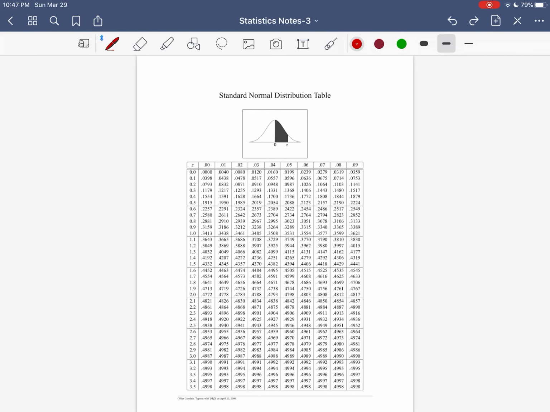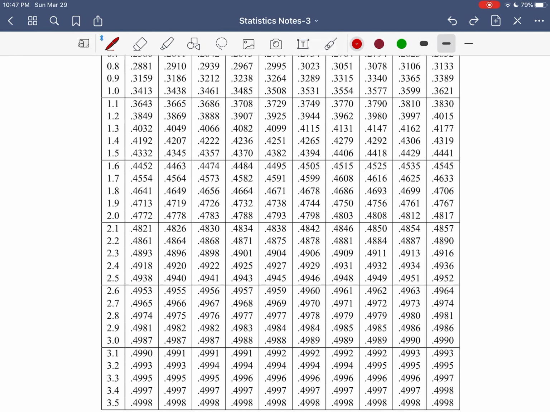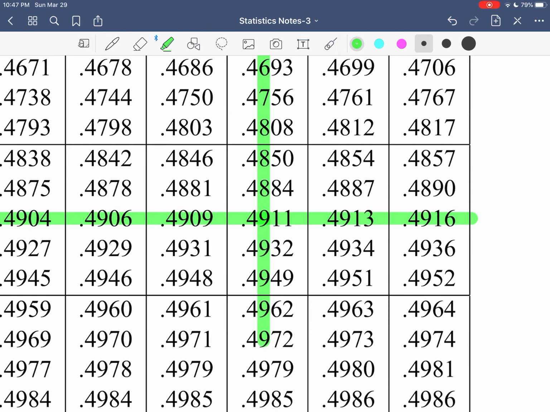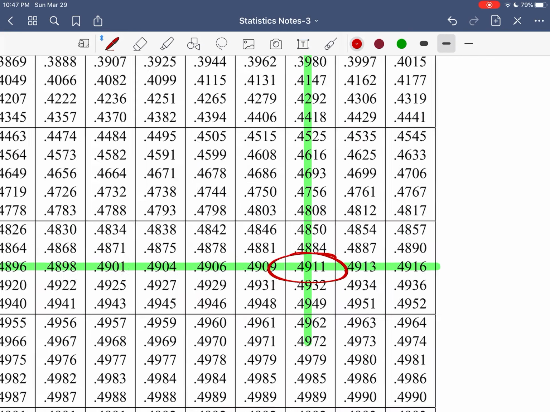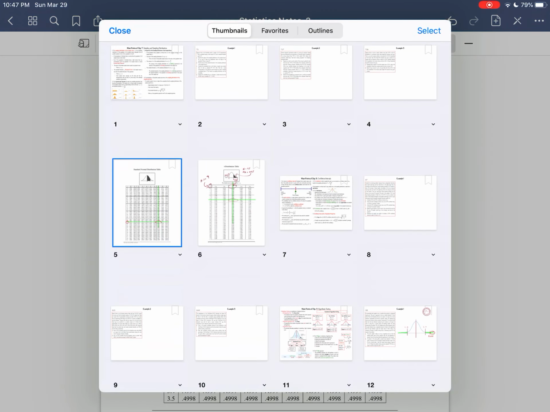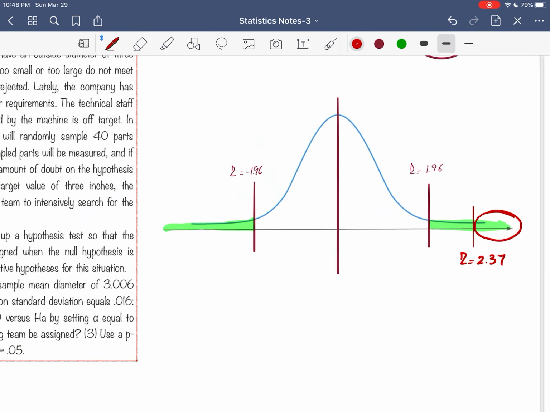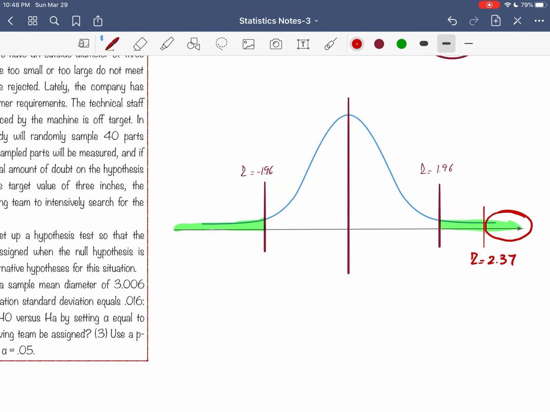So 2.37 should be, so here's 2.3. Take the highlighter. And 2.37 is right there. So they're telling us that the distance from the mean up until 2.37 is 49.11. So this is why we need the illustration here.